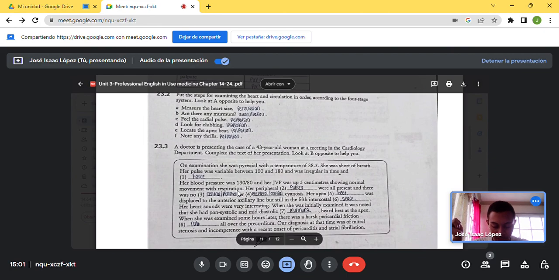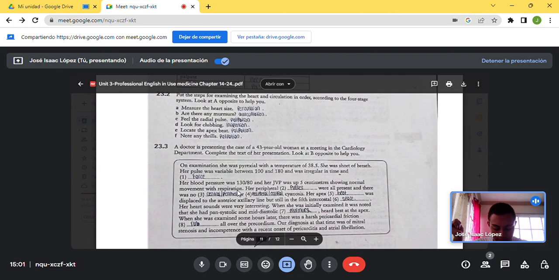When she was initially examined, it was noted that she had systolic and mid-diastolic murmurs, heard best at the apex. When she was examined some hours later, there was a harsh pericardial friction rub all over the pericardium.